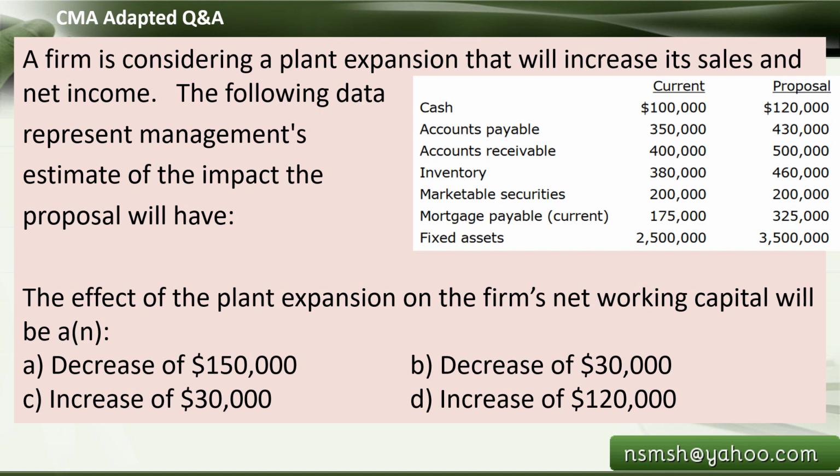The following data is given: the current assets and non-current assets, the current balance sheet figures, and also the management's proposed figures. Having both the current and the proposed figures, we need to calculate the effect of the plant expansion on the firm's net working capital, whether it is a decrease or an increase, and by what amount.